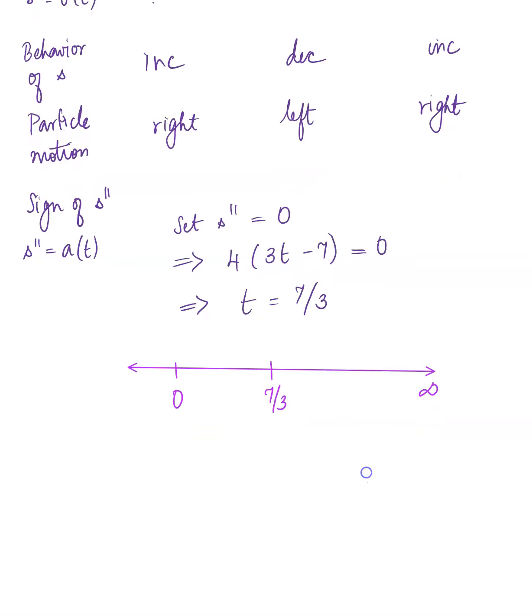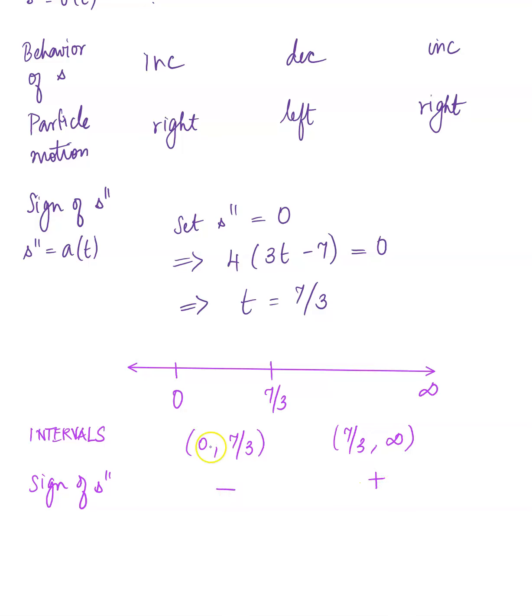So now my intervals would be 0 to 7 over 3 and 7 over 3 to infinity. And now I'd write the sign of S double prime. The sign here will be negative. The sign here will be positive.